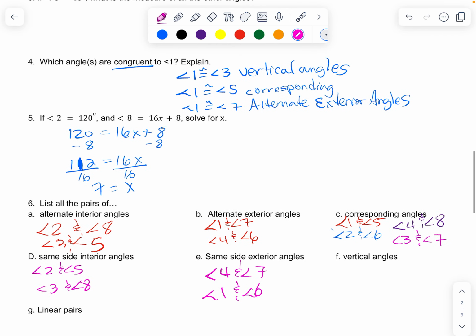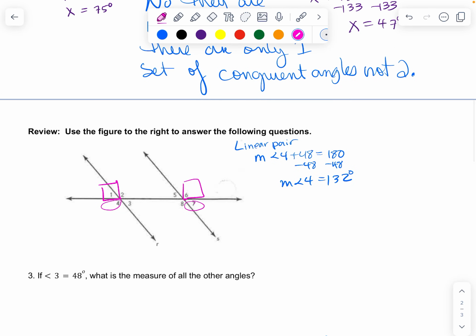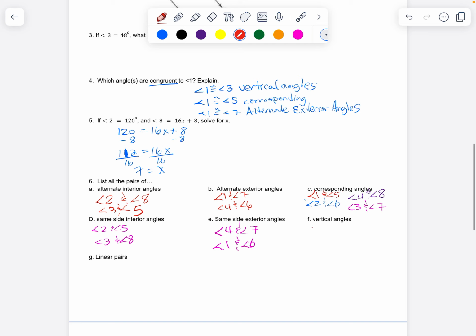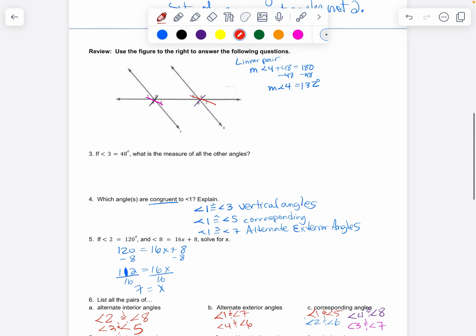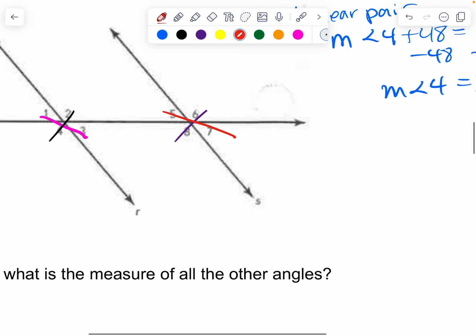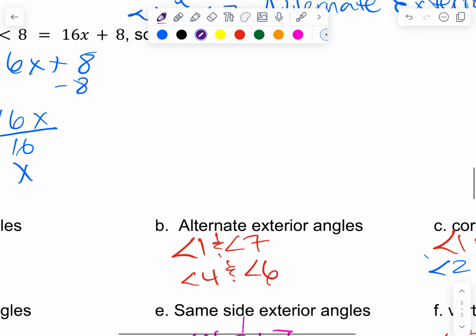Then I want vertical angles. Vertical angles go this way. Vertical angles go this way. Vertical angles go this way. Vertical angles go this way. So 5 and 7, and then 6 and 8.